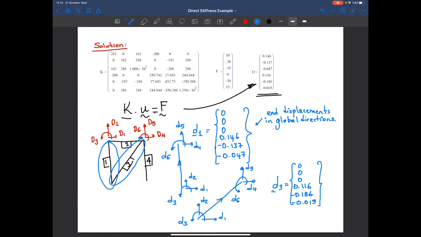Okay, so we determined the member end forces. Let me do a correction according to our labeling. This should be the fourth member. Sorry for that, that's 3. And this displacement will be equal to D4.